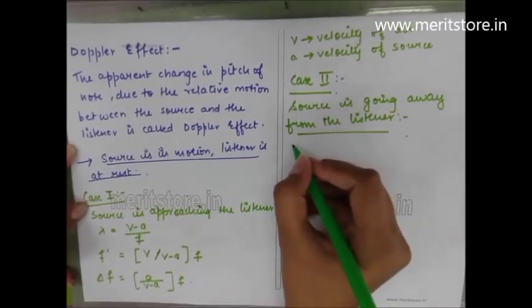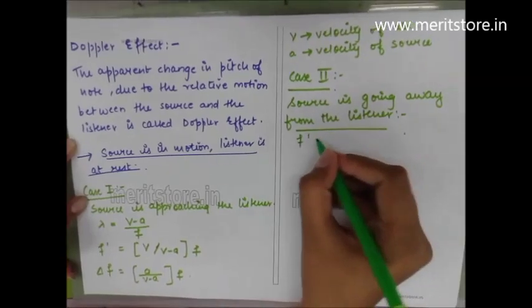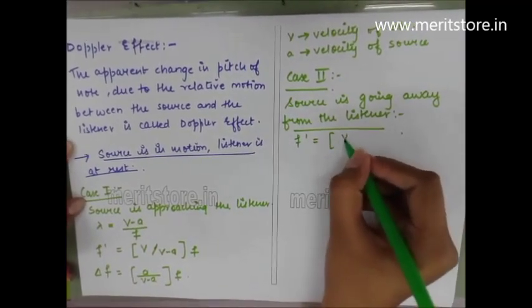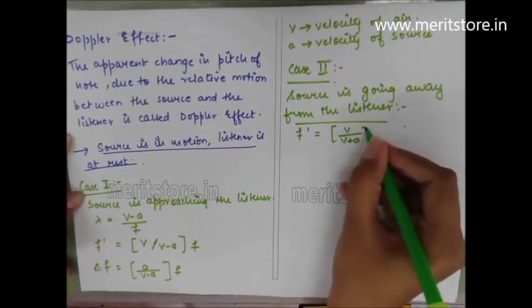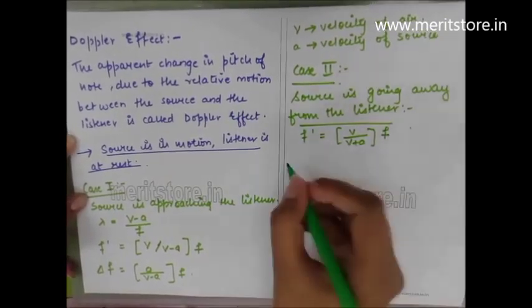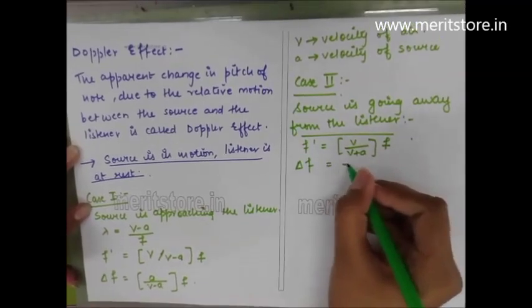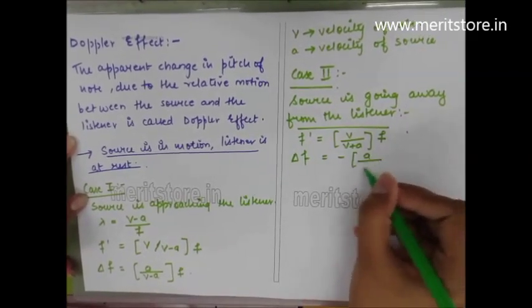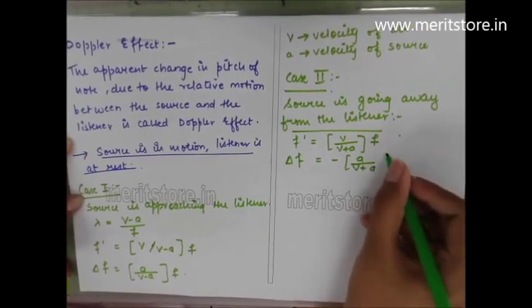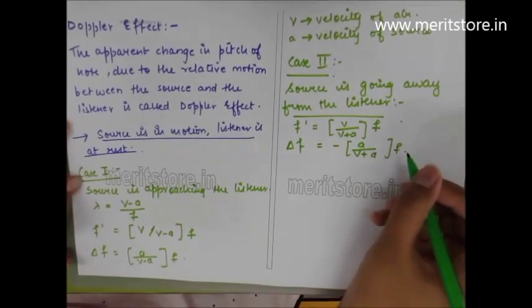Here the apparent frequency, that is f dash, is given as v upon v plus a multiplied by f, and the change in frequency, that is delta f, is minus a upon v plus a multiplied by f.